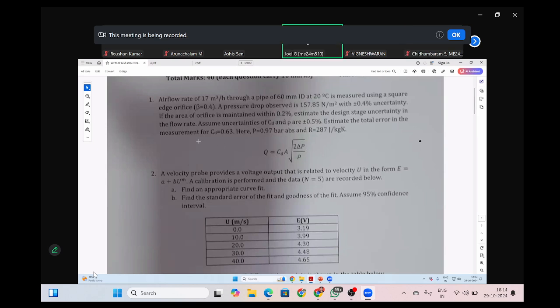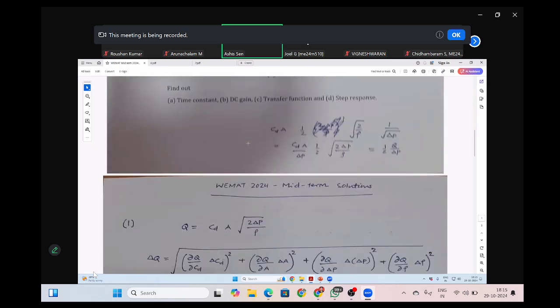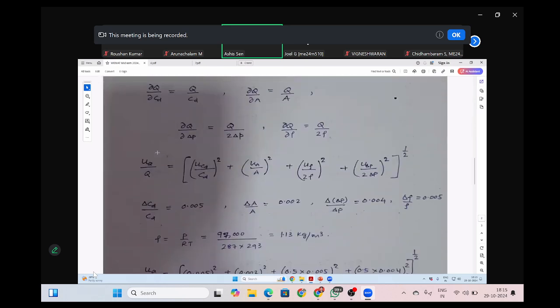Sir, just one doubt. Yes. In our calculation, we used directly the percentage error, right? Instead of that, can we calculate the error itself from the CD value? For example, CD is plus or minus 0.5%. Can we calculate the error value directly and then solve? You see, any way you do, for example here, if you have the CD value, you multiply and you can calculate.